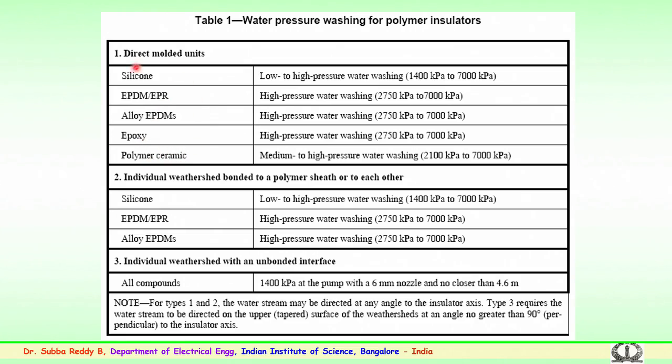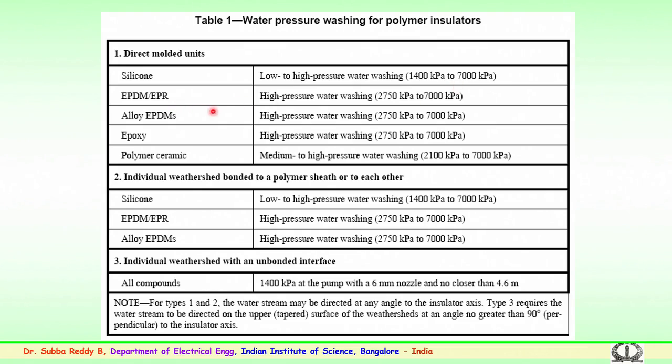These are various molded units used for the bushings used for high voltage equipment. For silicone, a low to high pressure water washing is used, which could be somewhere between 1400 kilopascals and 7000 kilopascals depending upon the contaminants.